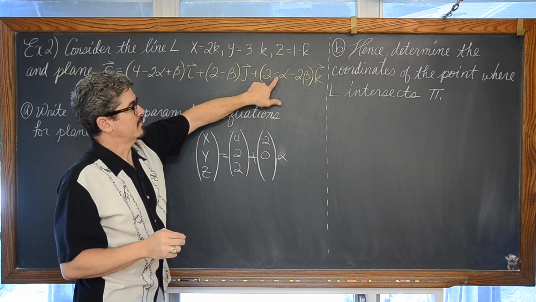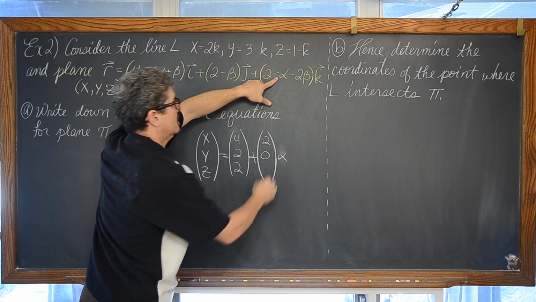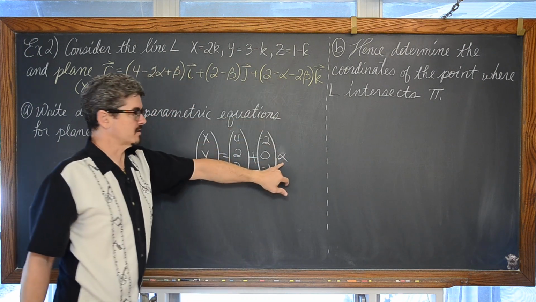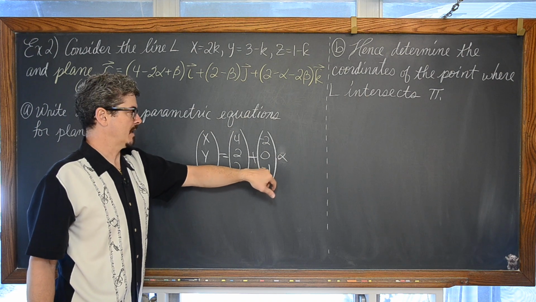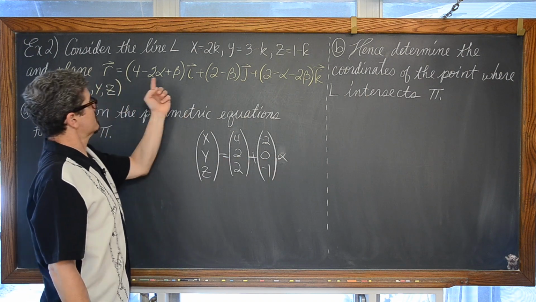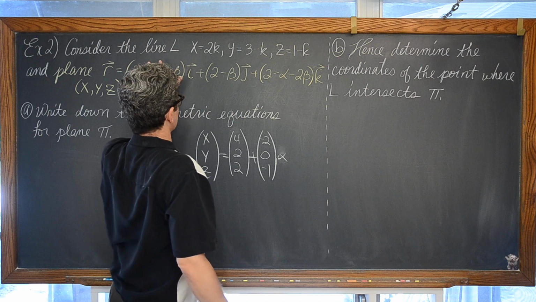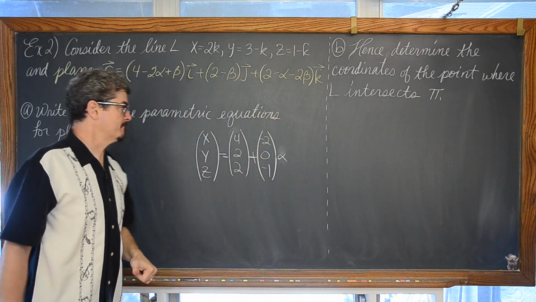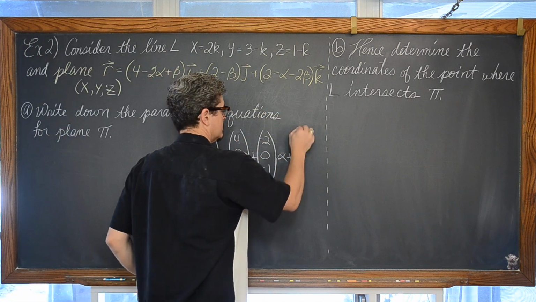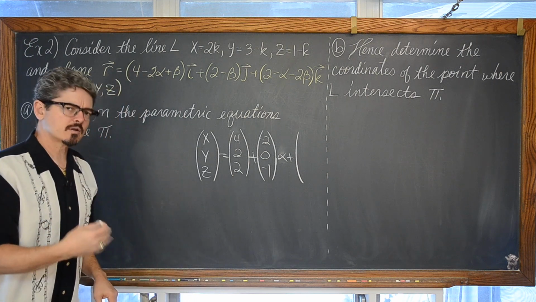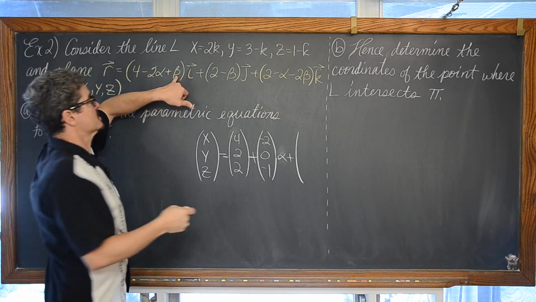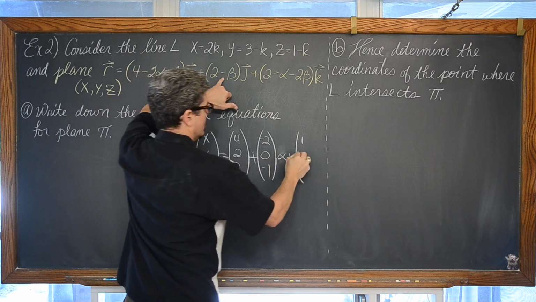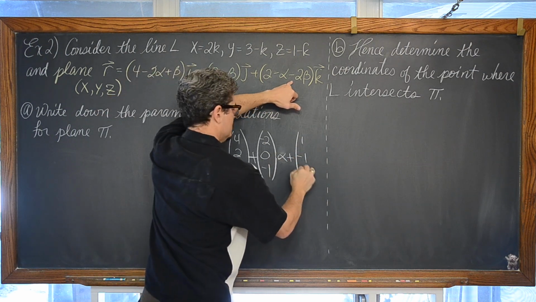And then we have a multiple here of alpha of negative 1. So if you think about taking the scalar multiple, negative 2 alpha plus 0 alpha minus alpha showing up right here as our coefficients of i, j, and k. And then we've got our other non-collinear directional vector for our plane, the coefficients of beta, which are 1, negative 1, and negative 2.